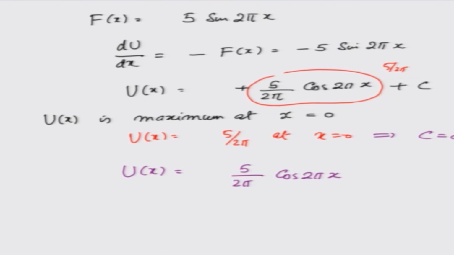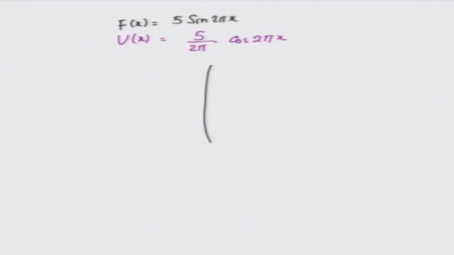Let us plot it. So, my force f(x) is 5 sine 2 pi x, and u(x) comes out to be 5 over 2 pi cosine of 2 pi x. Let us plot the force first.